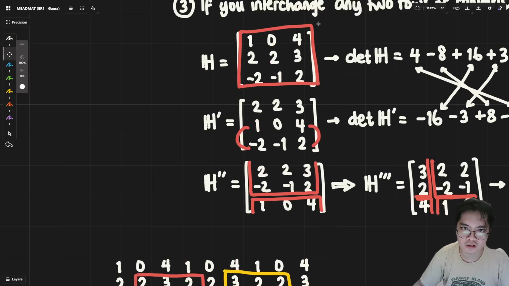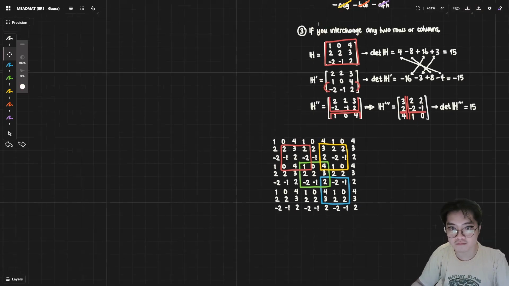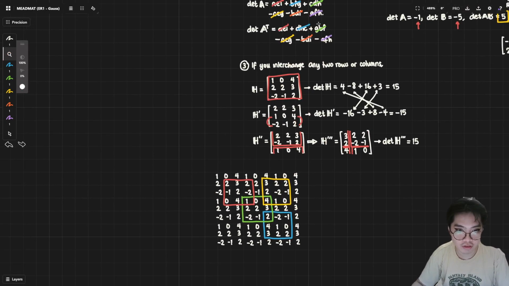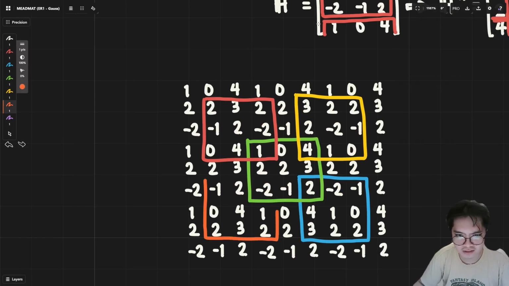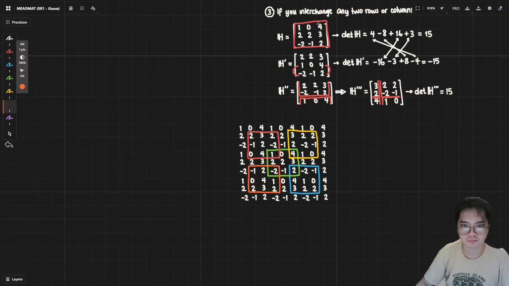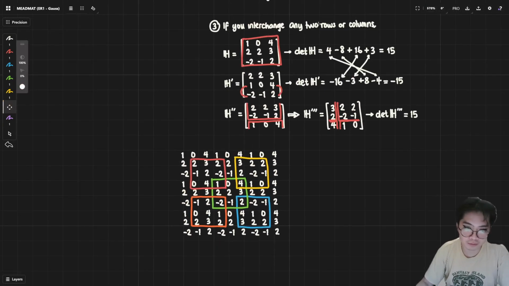Where's the original matrix? The one on top. So the green one is the original, but the red, the yellow, and the blue ones still have a determinant of 15. That is the cool thing about the properties of determinants in general. So all of those boxes have the same determinant. Really cool.